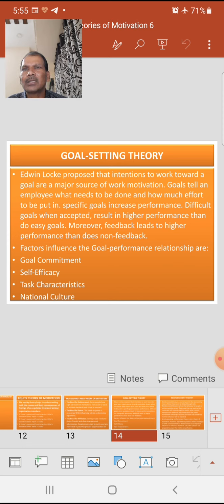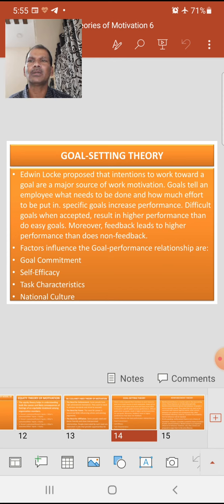Task characteristics. Research indicates that goal setting does not work equally well on all tasks. The evidence suggests that goals seem to have a more substantial effect on performance when tasks are simple rather than complex, well learned rather than novel, and independent rather than interdependent.